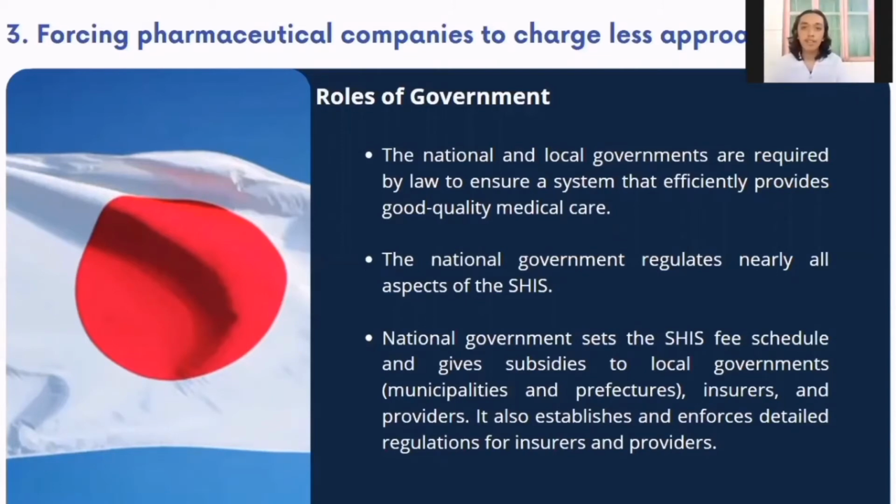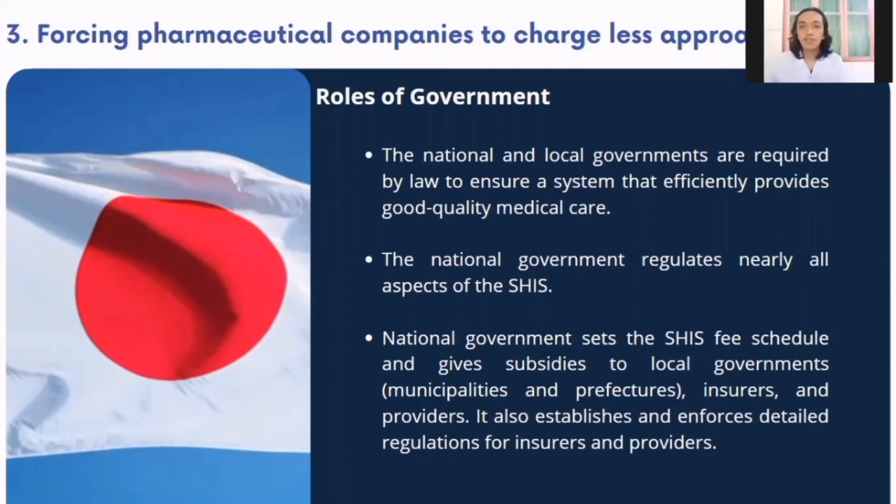The national government regulates nearly all aspects of the statutory health insurance system. The national government also sets the SHIS fee schedule and gives subsidies to local governments, the municipalities and prefectures of Japan, insurers and providers. It also establishes and enforces legal regulations for insurers and providers.